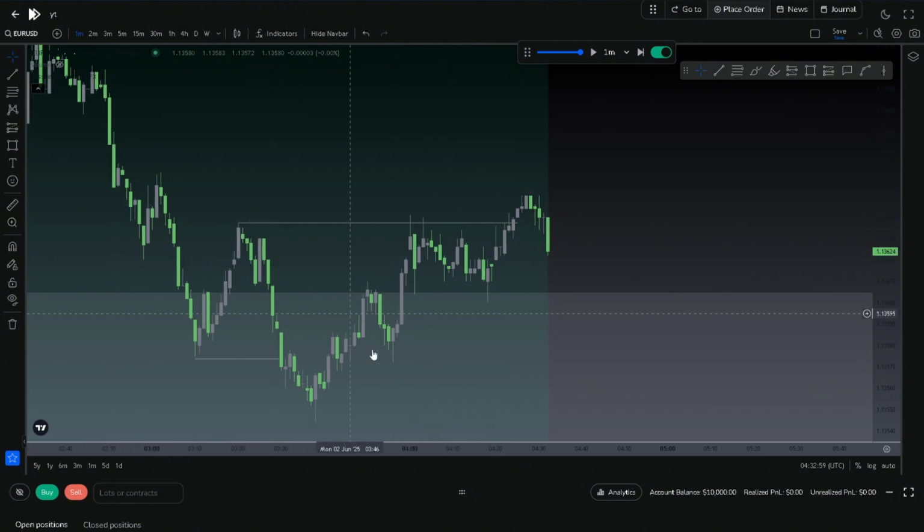So I'm not going to trade internal structure in here until we get that confirmation that we have gone bullish from the external. So when this external high gets broken and we have confirmed to have shifted back bullish on the 1 minute time frame, aligning with the 15-minute structure, which was bullish.